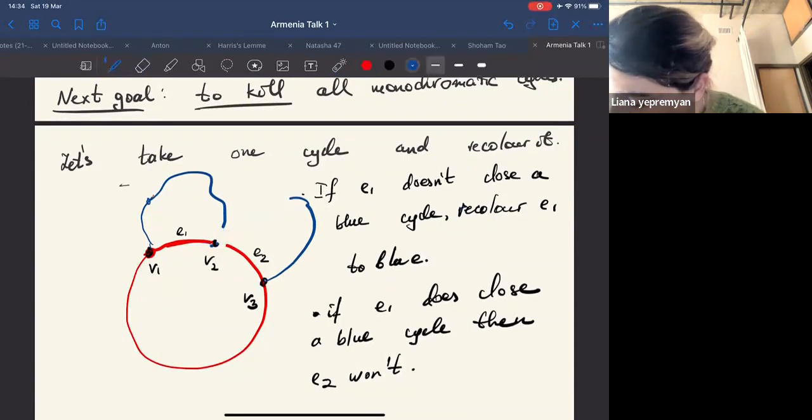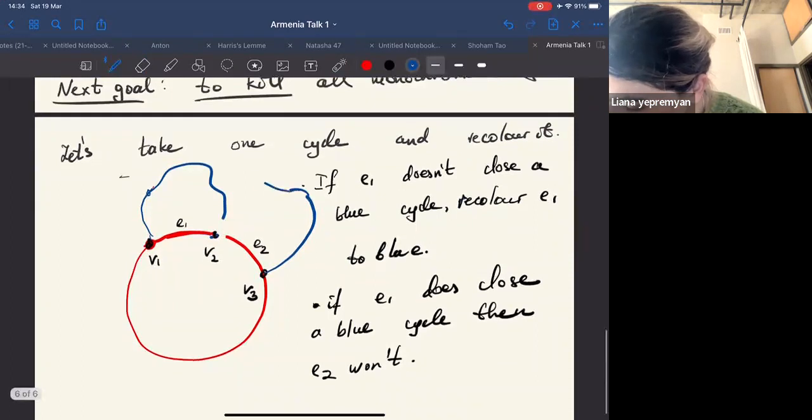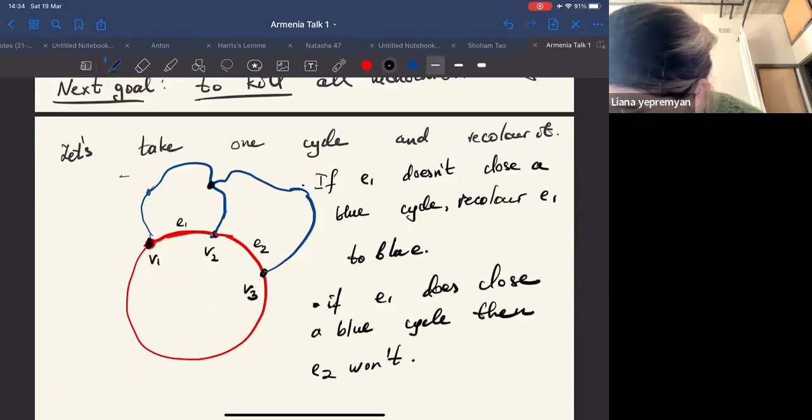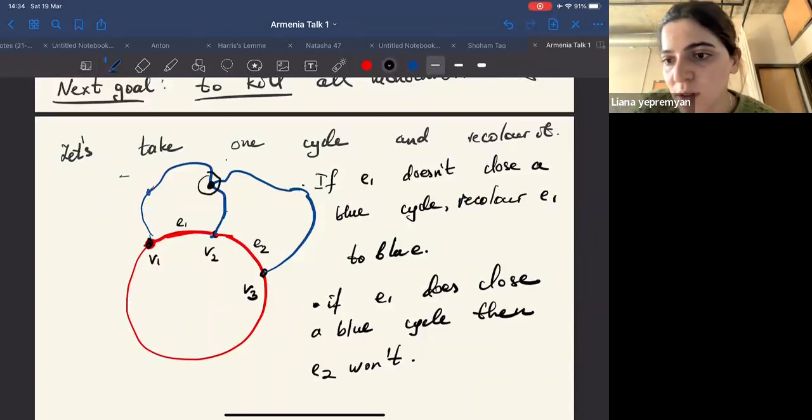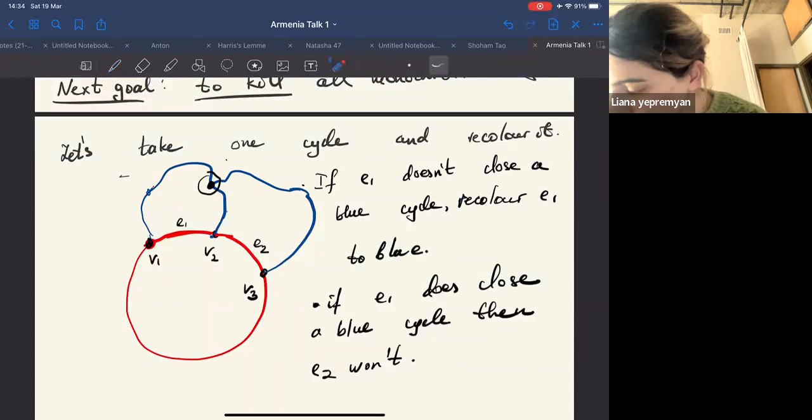Or this path has to go and at some point has to join this path, right? But what's going to happen then? Now I have a vertex here, which has degree 3 in blue. And we said that this was not possible. Our maximum degree in both colors, blue and red, was 2. Which means that I can't have both E1 and E2 sitting on such a blue cycle.